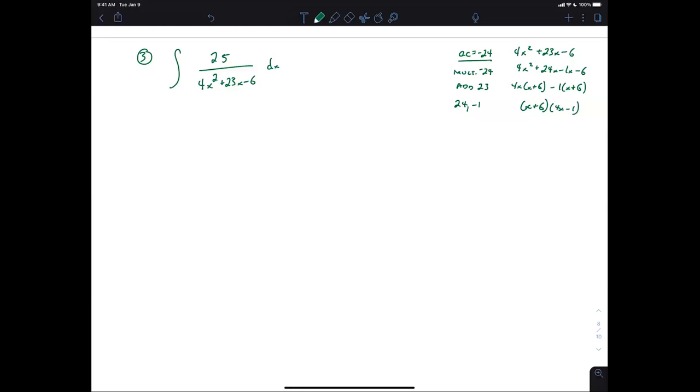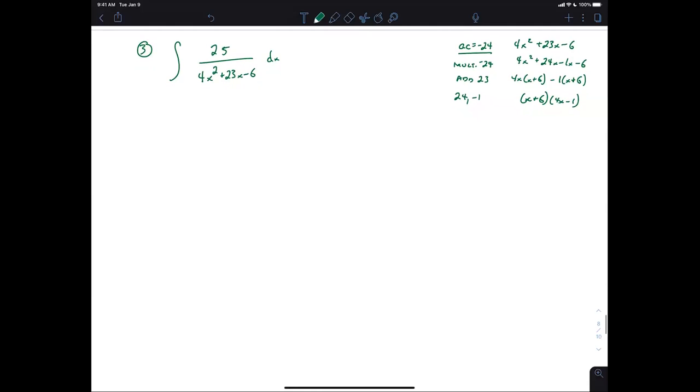And now you come to the side somewhere and do the decomposition. So you get 25 over x plus 6, 4x minus 1. That's then A over x plus 6 plus B over 4x minus 1. And then we multiply by the common denominator, which is x plus 6, 4x minus 1 over 1.